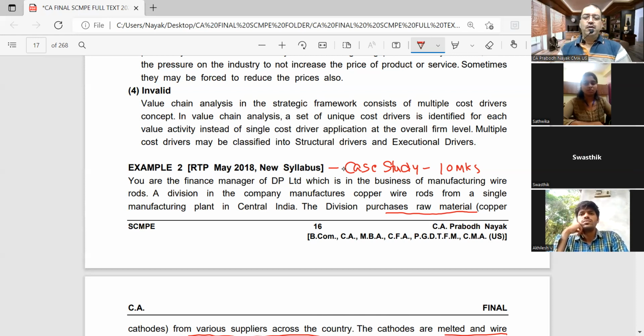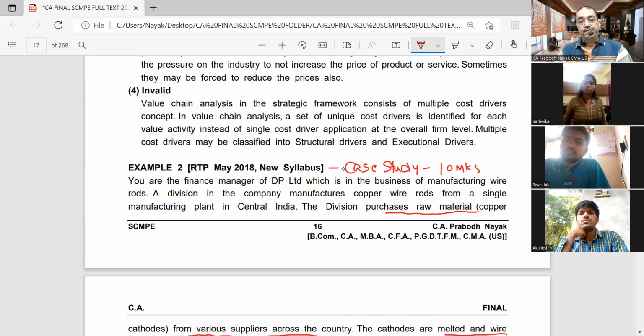We are going to do different types of case studies. Why? I will tell you. Normally value chain is a concept related to manufacturing companies. But in one of your exam question papers, they have given you a value chain for a service-oriented company, where there is no manufacturing activity.